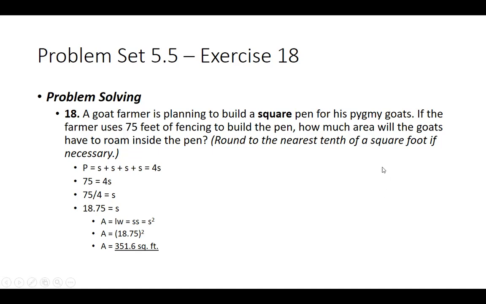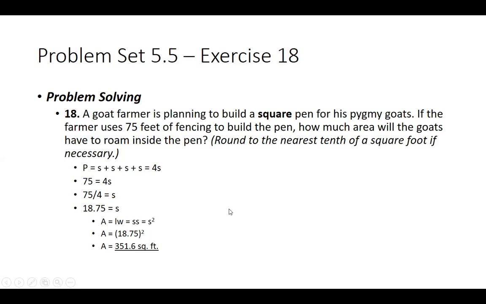Side plus side plus side plus side is 4 times the side length, or 4s. So the perimeter equals 4s. The perimeter is 75, so 75 equals 4s. Divide both sides by 4 to get s by itself. 75 divided by 4 is 18.75.